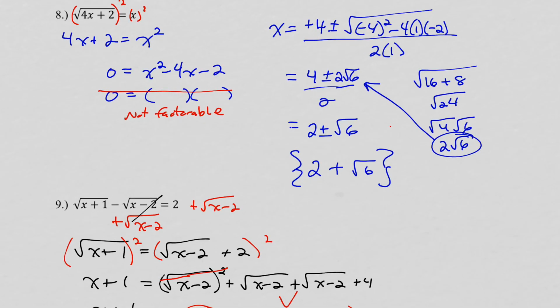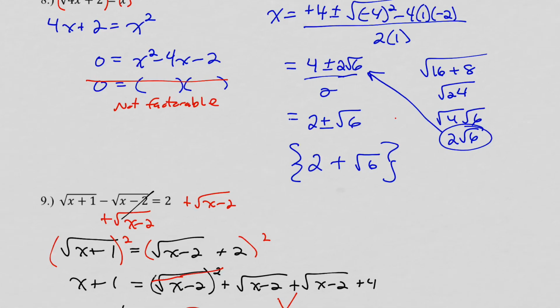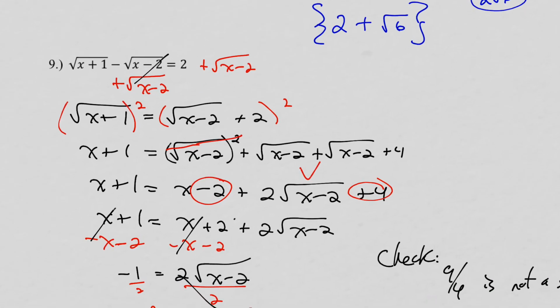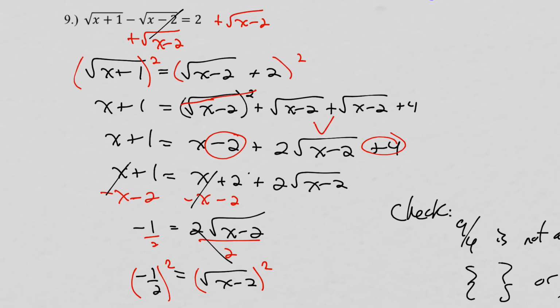Number 8, same thing, not factorable, use quadratic formula. And again, I have to throw out the 2 minus radical 6, okay, as it was not a solution. And you can check the graph with that. Feel free to pause this if you need to look at it more.